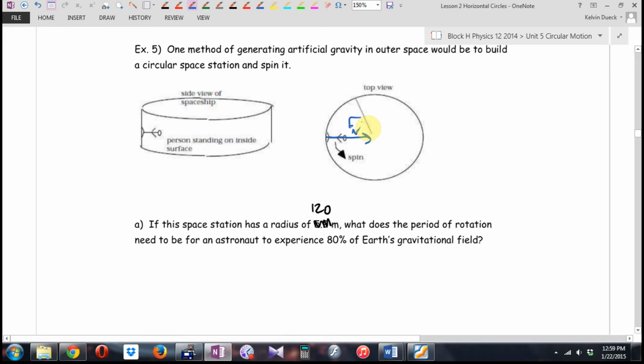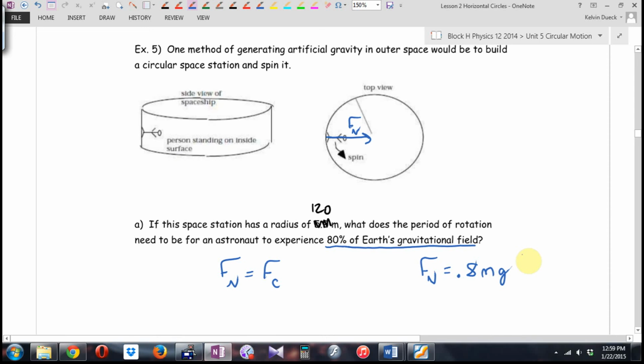So in this case, the normal force equals Fc. I don't know the normal force. But wait a minute, they told me how big I want the normal force to be. They told me I want the normal force to be 80% of gravity.